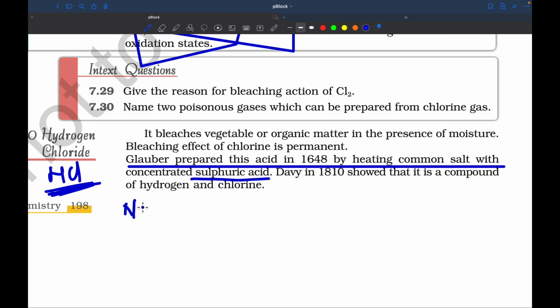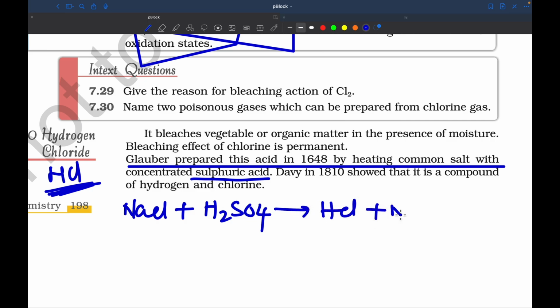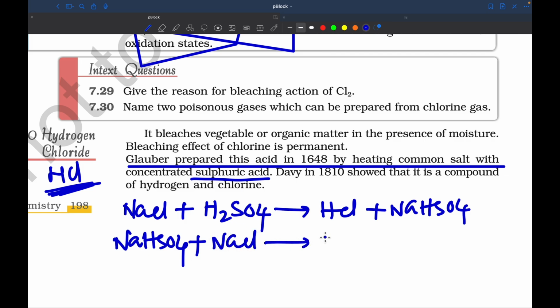NaCl reacts with sulfuric acid and produces HCl plus NaHSO4. These are simple basic reactions. NaHSO4 further reacts with NaCl and gives HCl plus Na2SO4. Here 420 kelvins of temperature is used, here 800 kelvins of temperature is used.